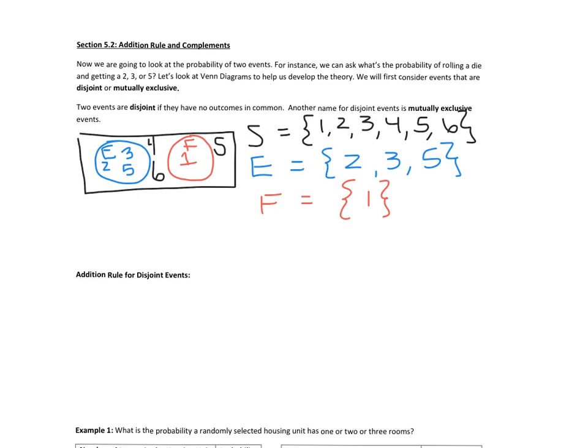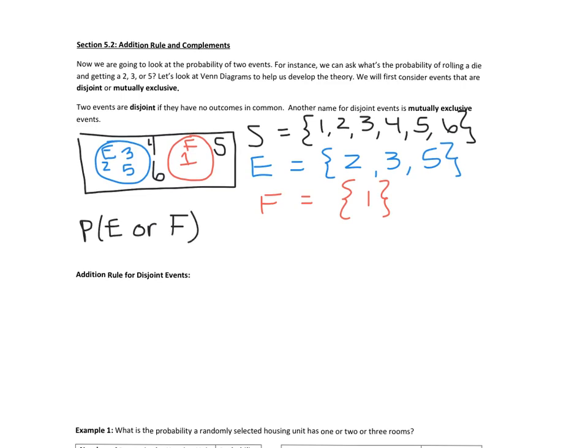So now we're going to figure out the probability of E or F happening. So we're going to be looking at the probability of 2 events. What's the probability that we roll a die and we get a 2, 3, 5, event E, or we could get a 1?